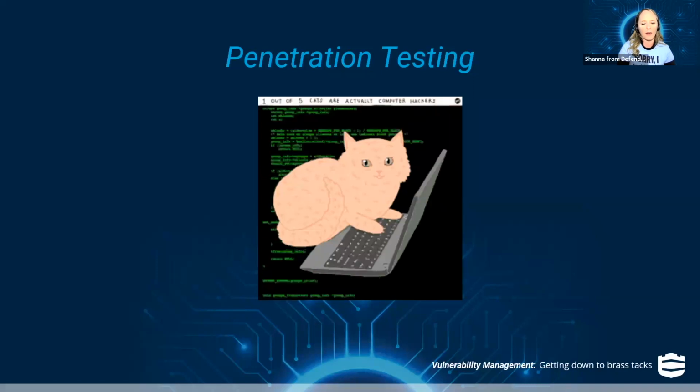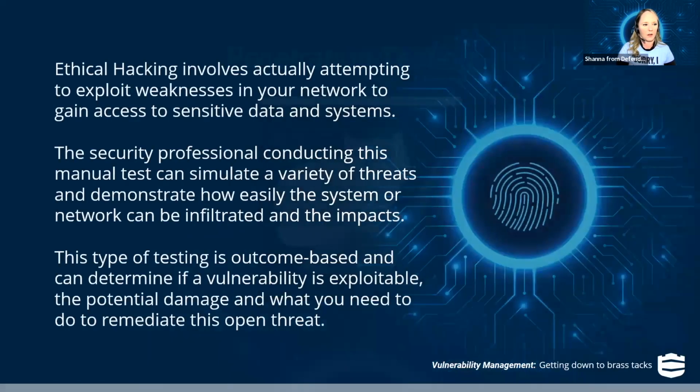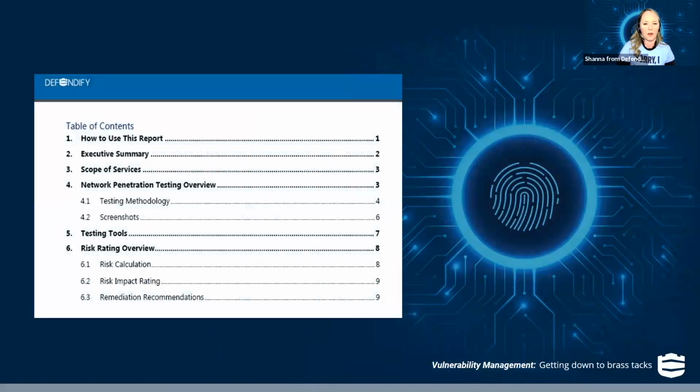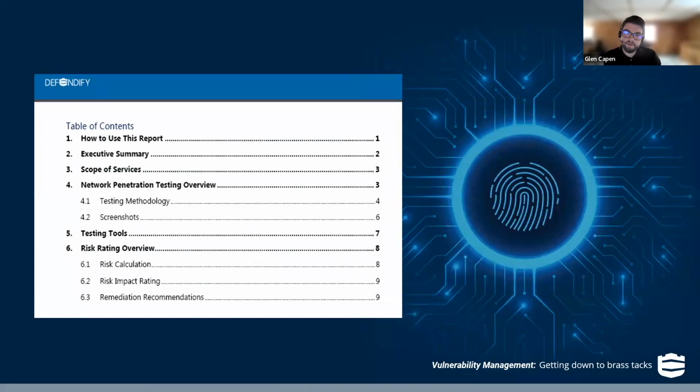And one of the big differences here is in the reports. I think, Glenn, you had a customer one time, tell us about the vulnerability scan versus pen test. Oh, right. So with a customer we were talking with, he's like, oh, I already do penetration testing or ethical hacking. And I was like, oh, okay, cool.